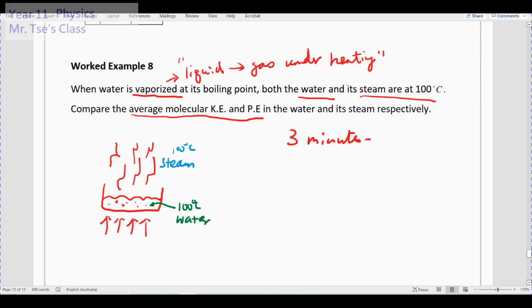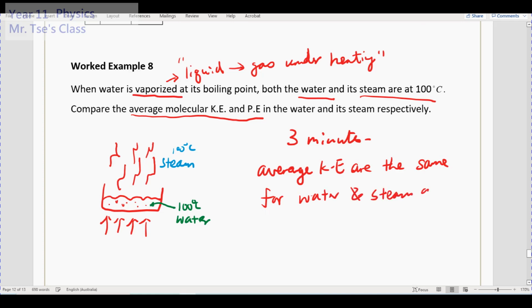Average KE is the same for water and steam at 100 degrees, because their temperatures are the same. Here you only need to compare, so you don't need to give reasons. How about potential energy?